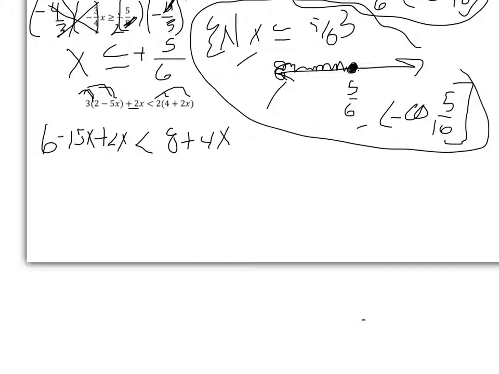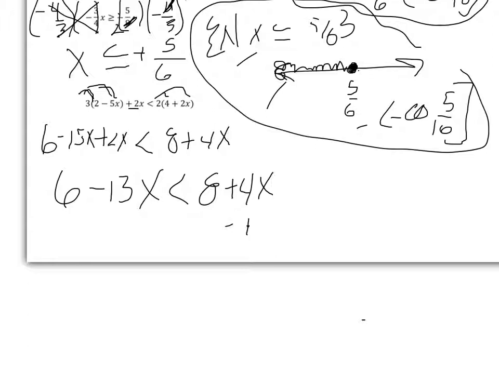Now combine like terms. Negative 15x plus 2x gives us negative 13x is less than 8 plus 4x. Now we need to get all our x's on one side, the numbers on the other. I'll get my x's to the left, so subtract 4x. And I also want to get rid of the 6, so I'm going to subtract 6, doing it all in one step here.